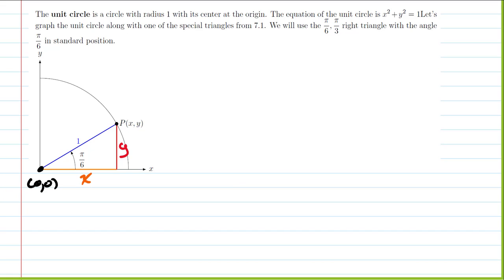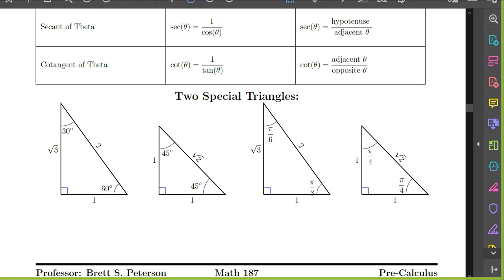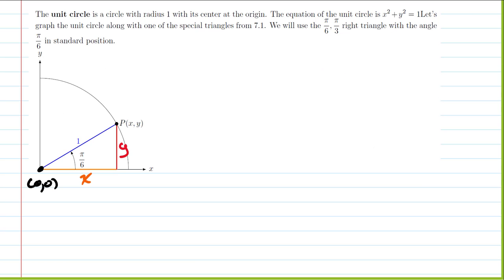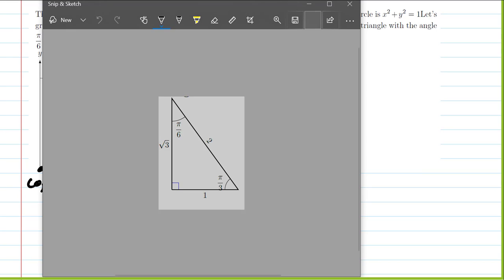So we know that the point P, if we're at the angle pi over 6, this was one of our special triangles. So if we looked at our diagram, we have this triangle right here. It's lying on its side. But there's something else we're going to have to take into account.